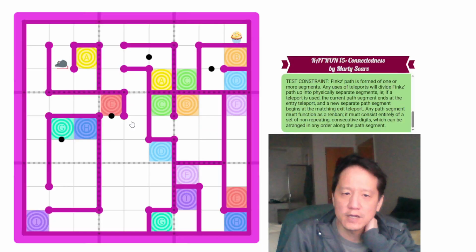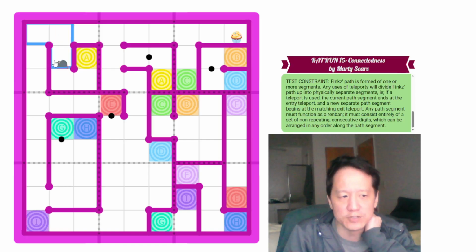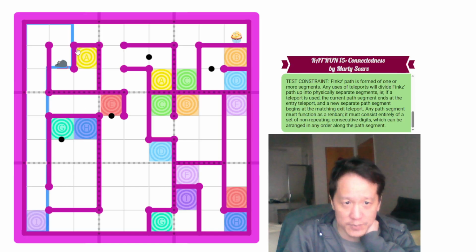Let's go. Okay. So, as I stated earlier, if Finks tried to get to any other teleportation device, if it tried to go here, this is already 11 cells long, and that's not allowed because you can't have a renban of length greater than 9.